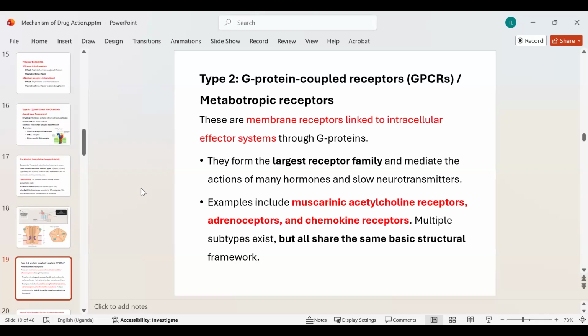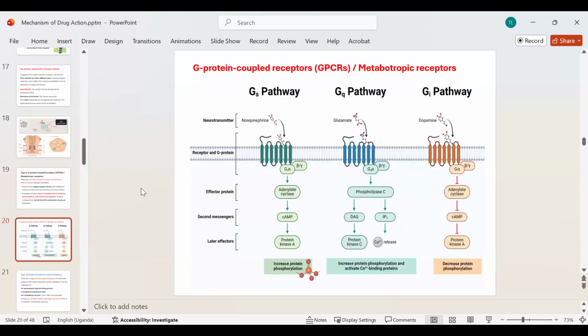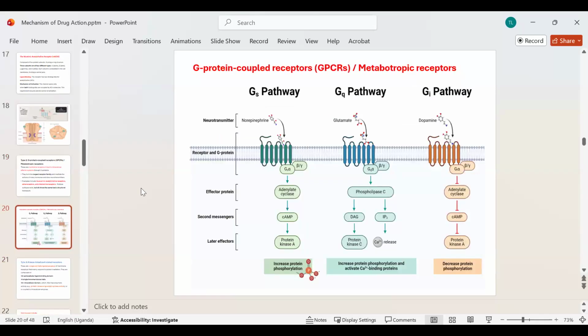They are all G protein coupled receptors. They can be differentiated into three major groups: we have the Gs, the Gq, and the Gi.